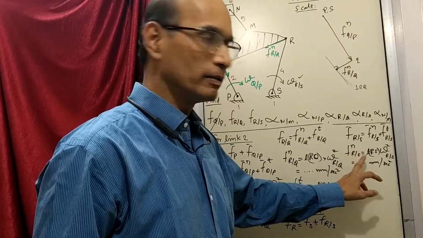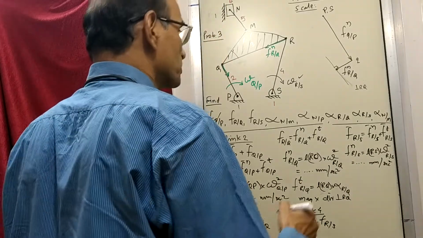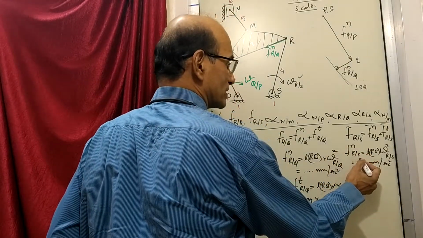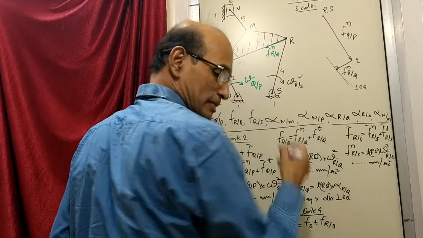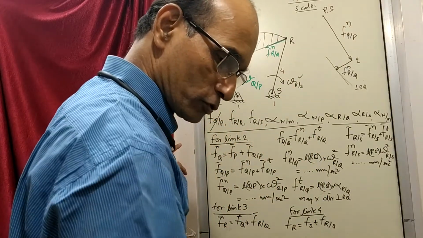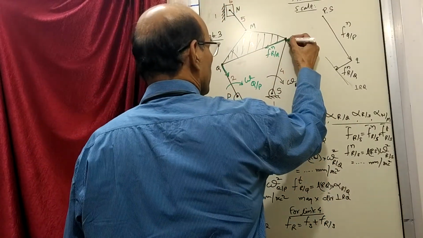So write this, and this parameter is known, and it is from capital R to capital S in the linkage diagram. So this vector we show this way.